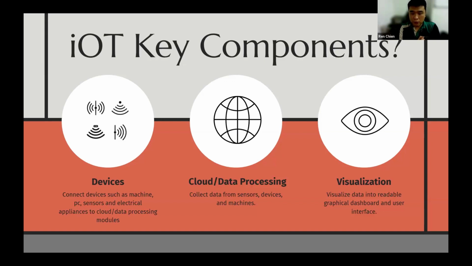We can get the reading from them, and then through the internet or 5G, we send the data to the cloud, and then we do the data processing, and in the end, we visualize it, and then we use the data to do a summary or achieve whatever purpose we need. For example, monitoring your machine status, monitoring your electrical appliances status, and turning the machine off and on, and so on.